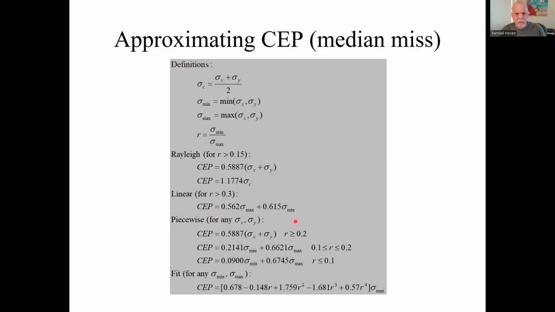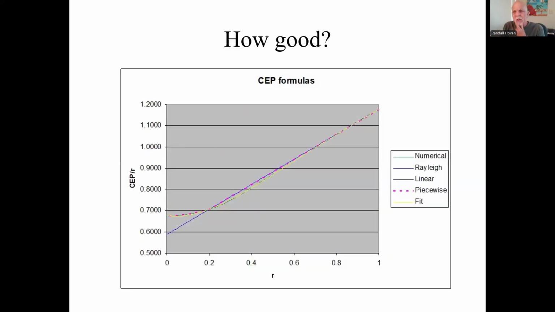This is a linear approximation where sigma min and sigma max mean the smaller and larger of sigma X and Y. I won't go through comparing all 4, but as the ratio between the 2 gets closer to 1, the more sigma X and sigma Y are close to each other, the better any of them get to the truth.